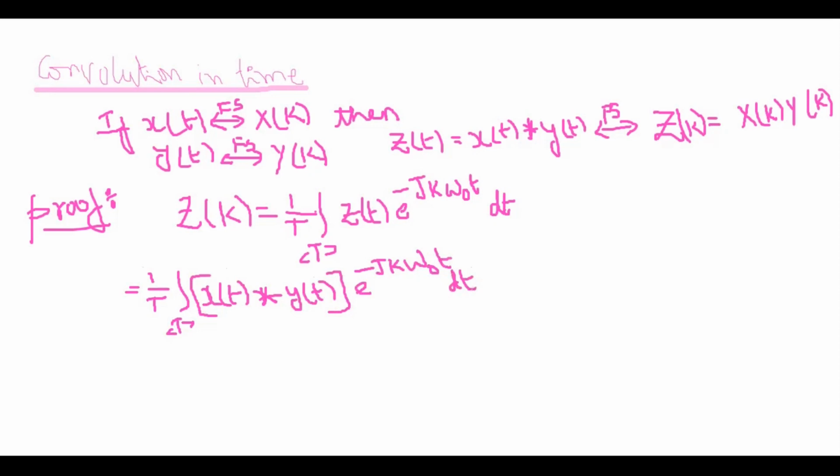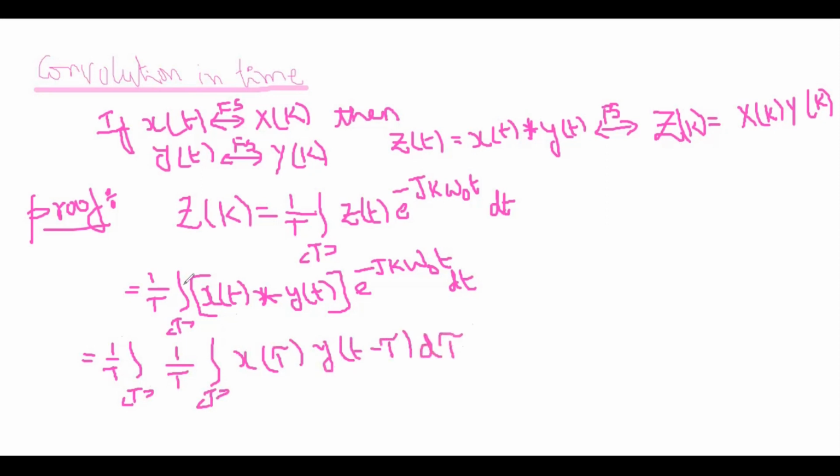I can represent the convolution of x of t and y of t as the convolution integral: 1 by T, the integral over T of x of tau, y of t minus tau, d tau, as the formula for x of t convolved with y of t, into e power minus jk omega naught t dt.